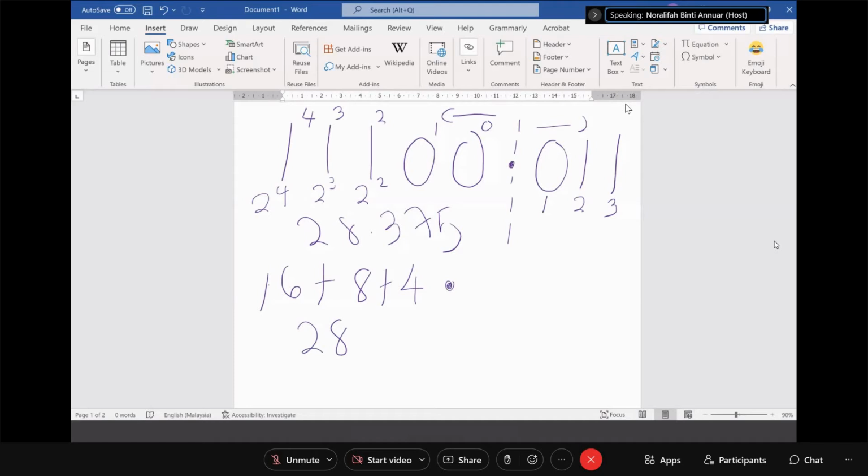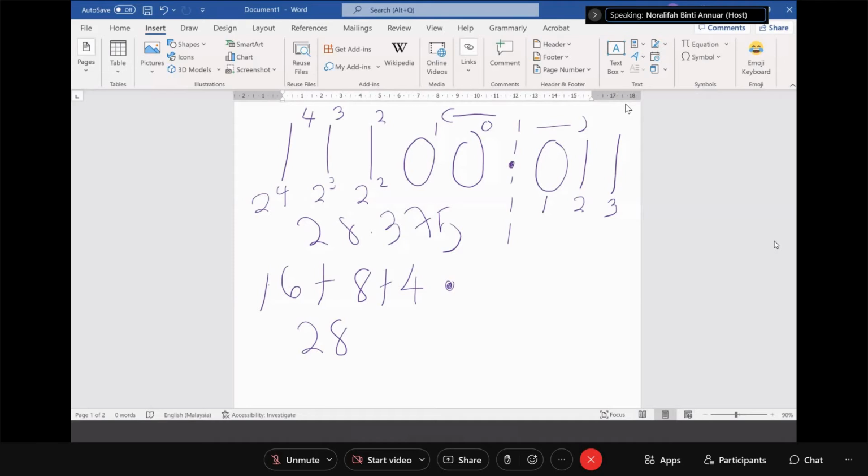Now this part is settled, so now you have to calculate the fractional part. So 0, 1, 1. You already know the position. Anything multiplied by 0, you get nothing, so no need to calculate. You start with position number 2. So for the fraction, 1 times what? Base 2, so it becomes 2 to the power of 2.